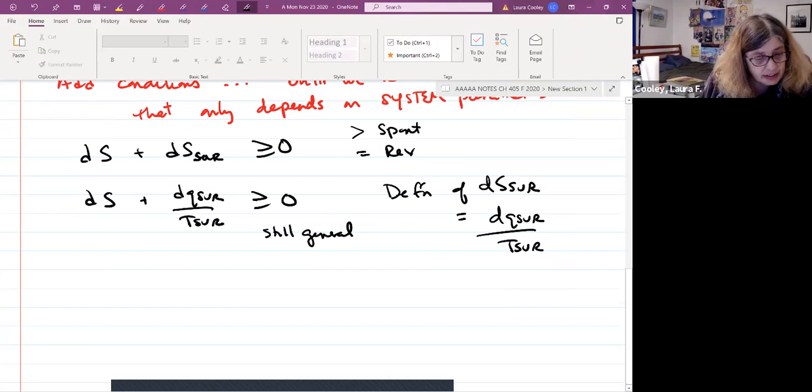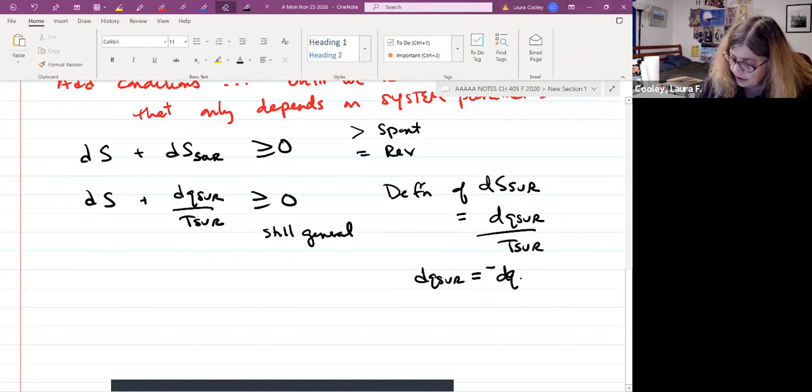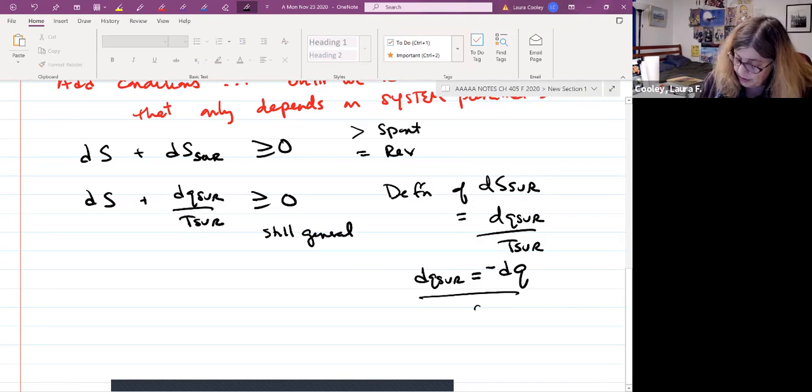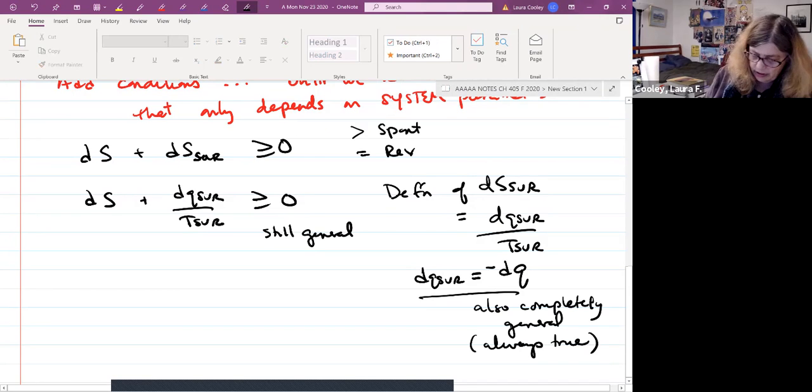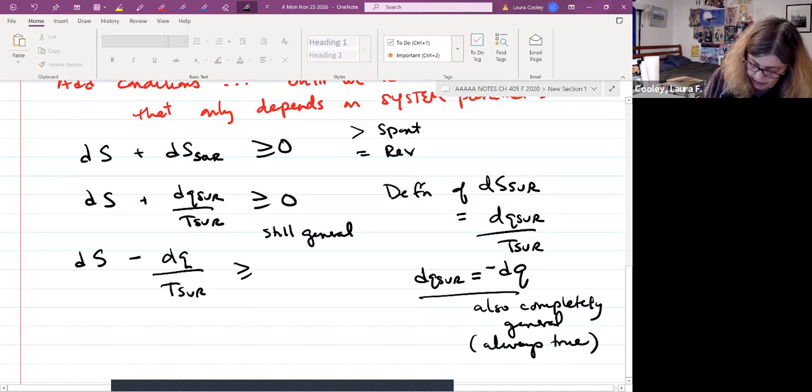I haven't done anything that makes it not general. Now I'm also going to say that dq sur equals negative dq, and that is also completely general. It's always true. So I get dS minus dq over T surroundings is greater than or equal to 0.